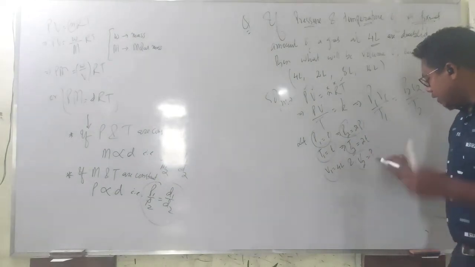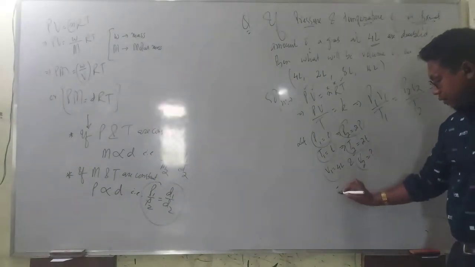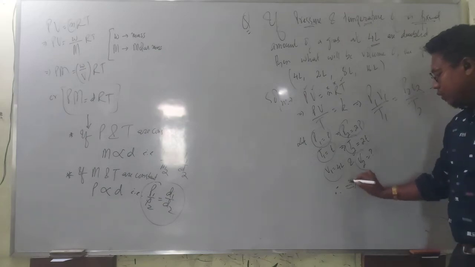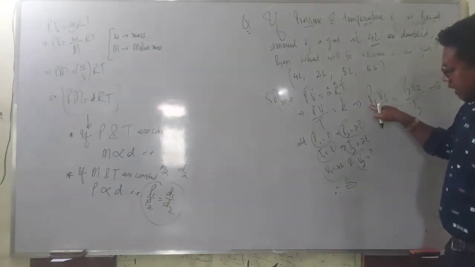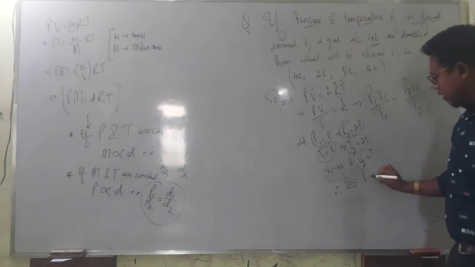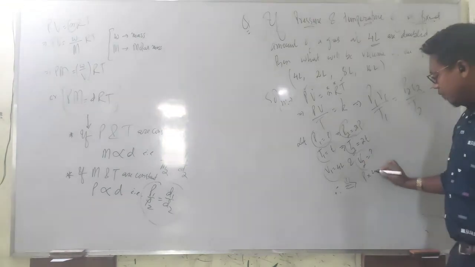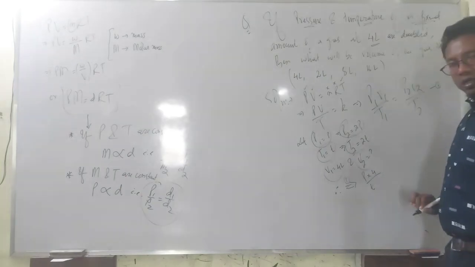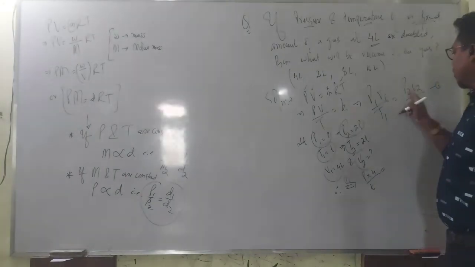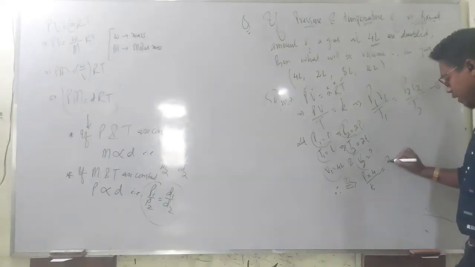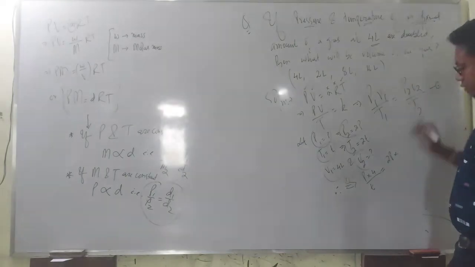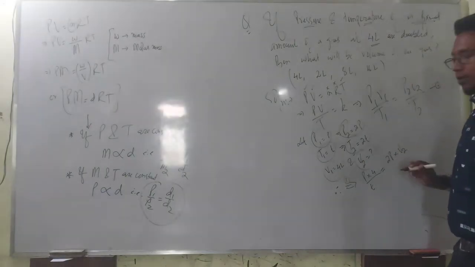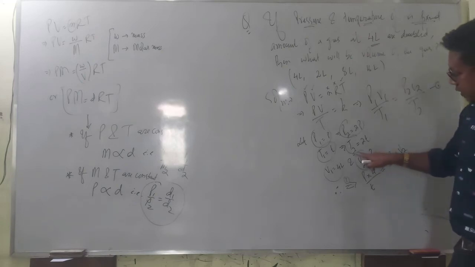So equation number 1 implies P1 is P, V1 is 4, T1 is T, which is equal to P2 is 2P into V2, the volume to be calculated, divided by T2 which is 2T.